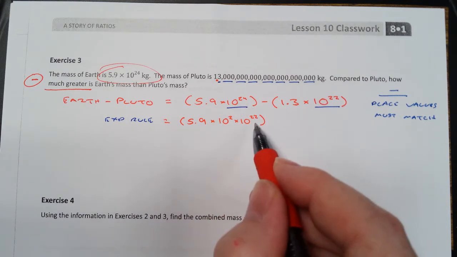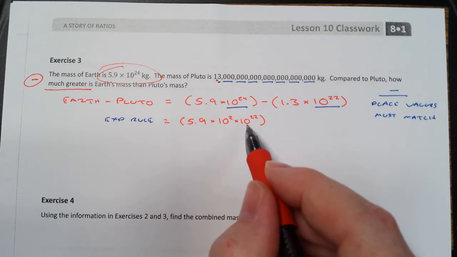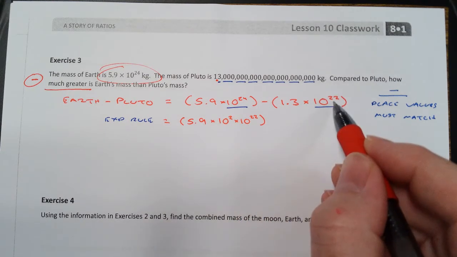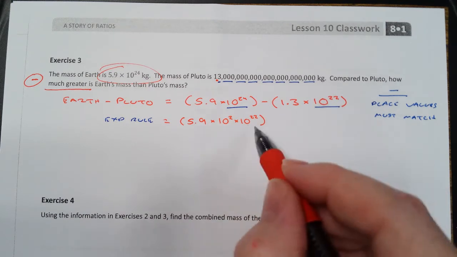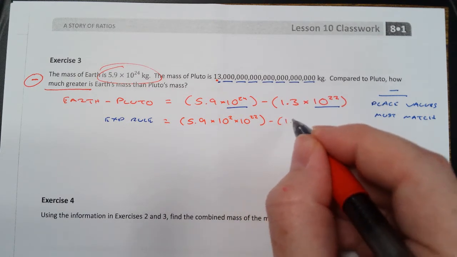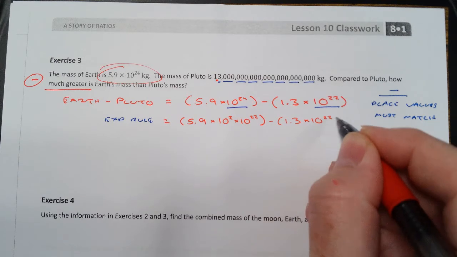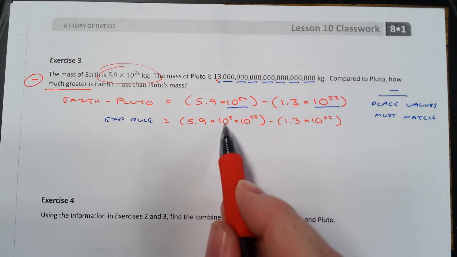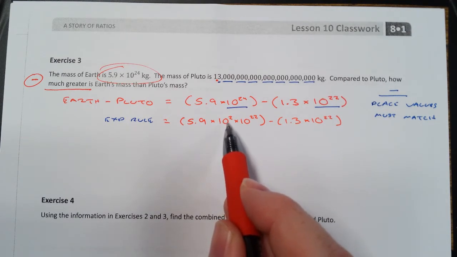Why did I split it up like this? Because I want this to match this. Now I have 10 to the 22nds. Now the place values almost match. I just need to get rid of this 10 squared.